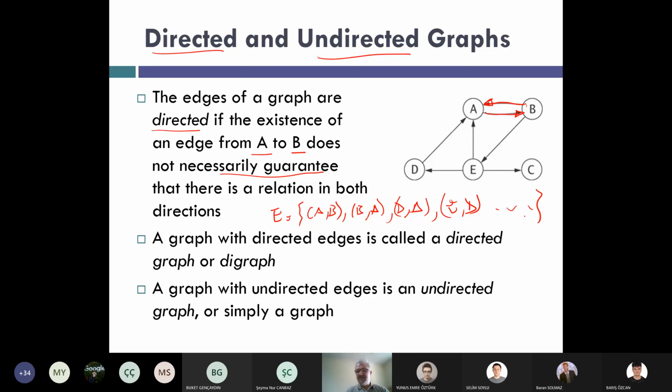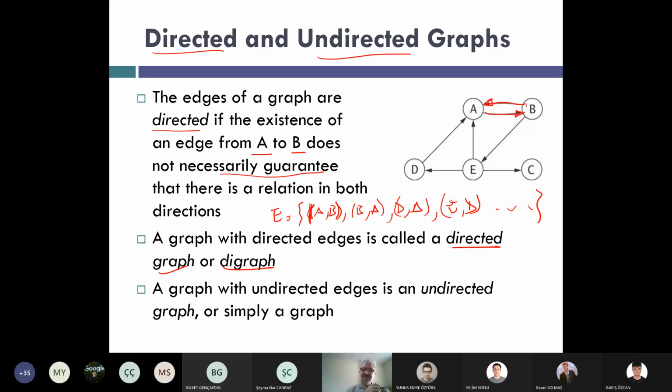There are a couple left. You can complete the set easily. So edges are represented as tuples, not as sets, as you see. This kind of graph is called a directed graph or digraph.